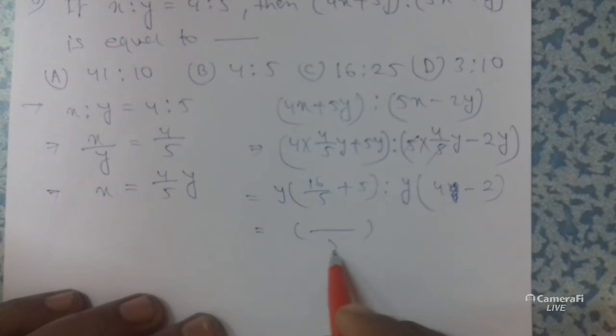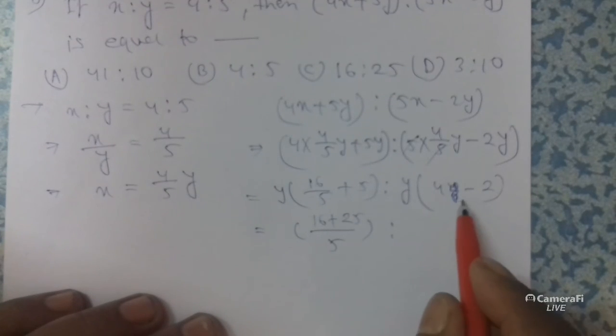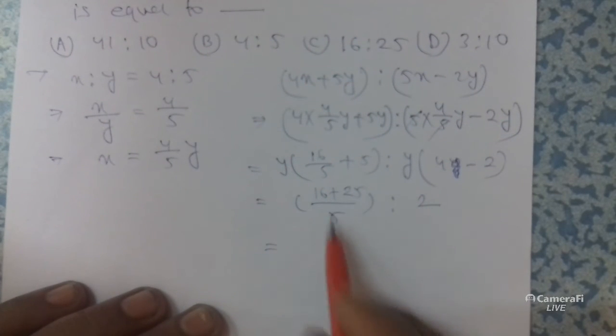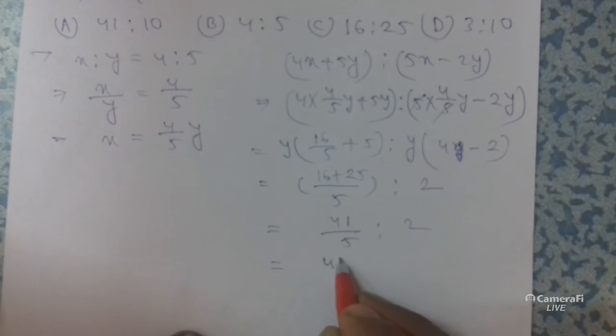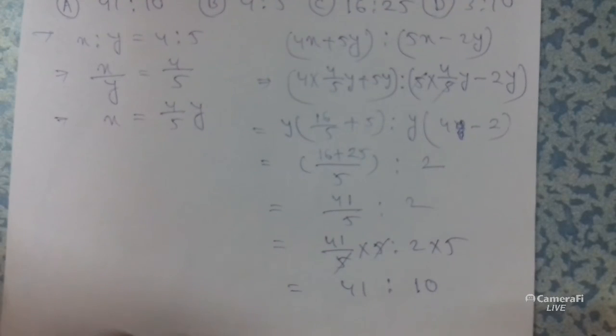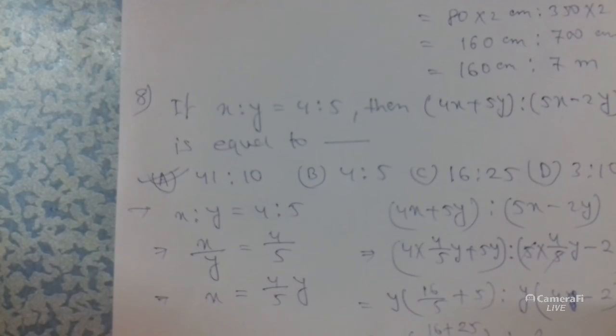Calculating both sides, it is 16 plus 25 and it is only 2. Now it will be 41 by 5 is to 2. If we multiply both values by 5, 5 will cut, 41 is to 10. So 41 is to 10 is the correct option, option A.